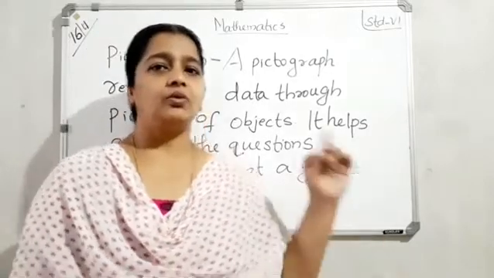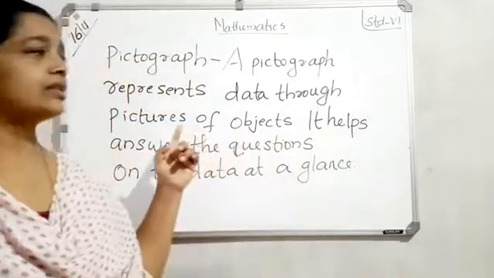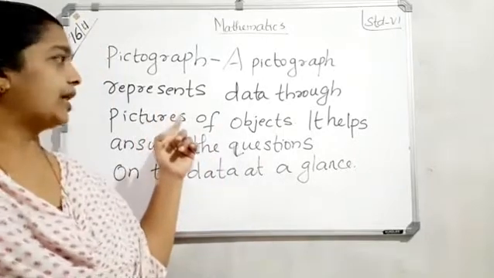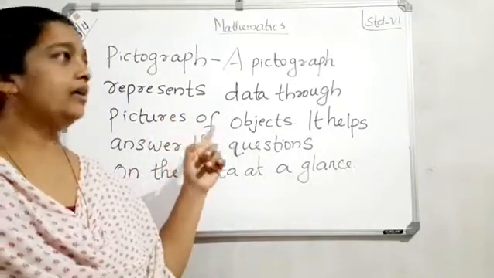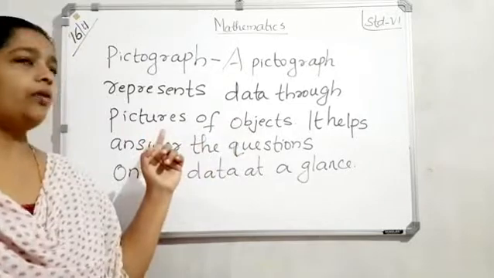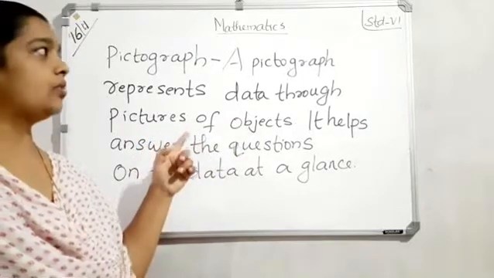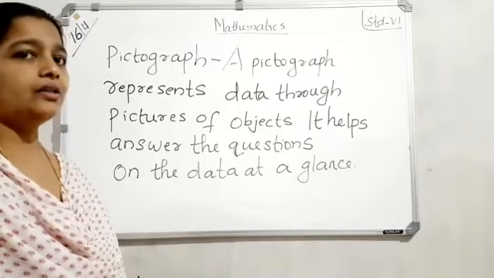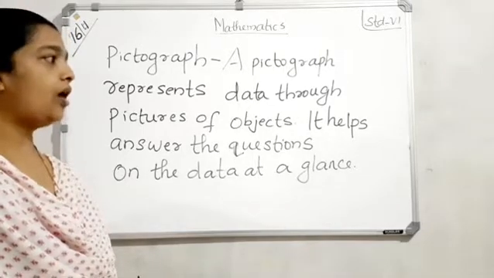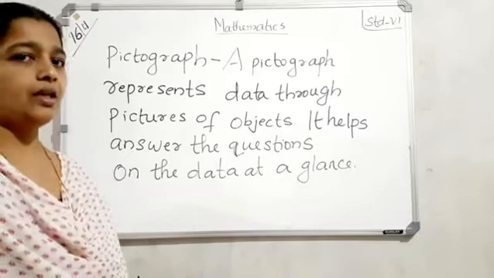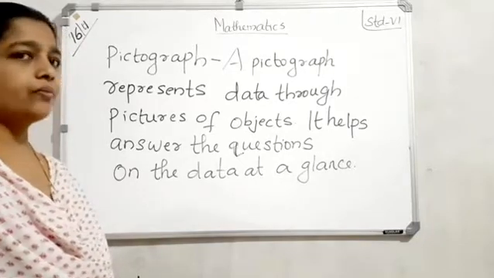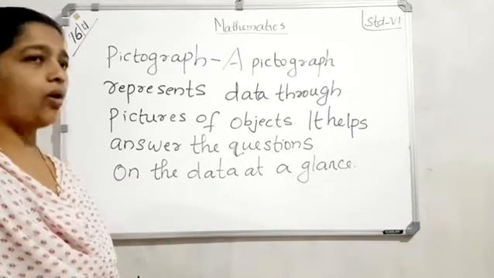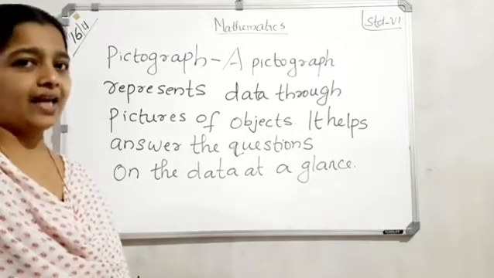Write the new definition, pictograph. A pictograph represents data through pictures of objects. Once more, a pictograph represents data through pictures of objects. Next sentence: it helps answer the questions on the data at a glance.